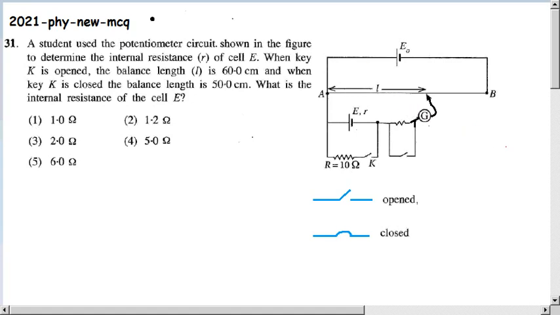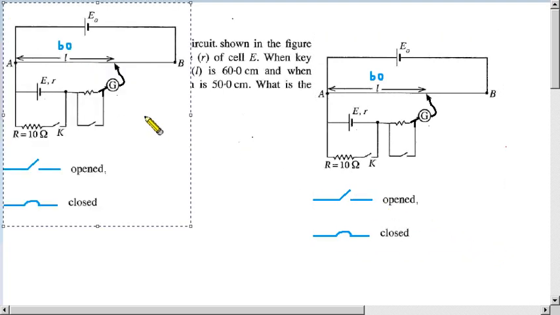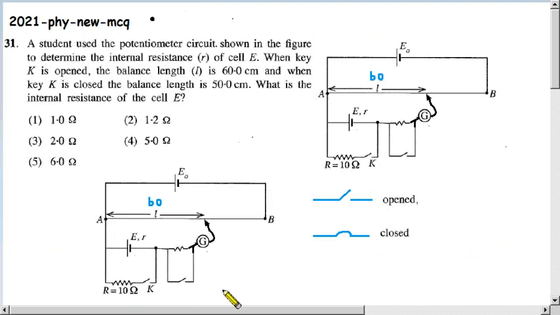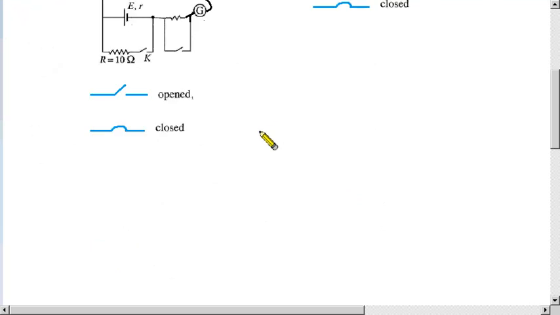So they say when this switch is opened, the length is 60 centimeter. So let us take a copy to here. So we don't want this one.